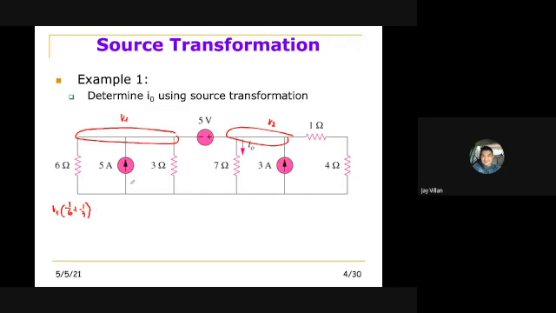Current entering is minus, so minus 5, for V1. And for V2, plus V2 times 1 over 7 plus 1 over 5. And then 3 amperes is also entering, so that is minus 3. This is equal to 0.